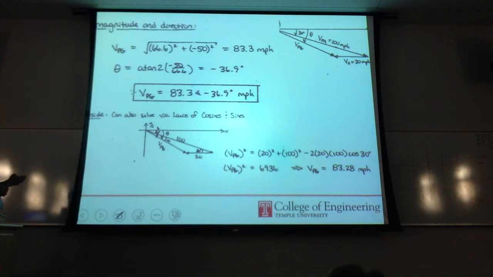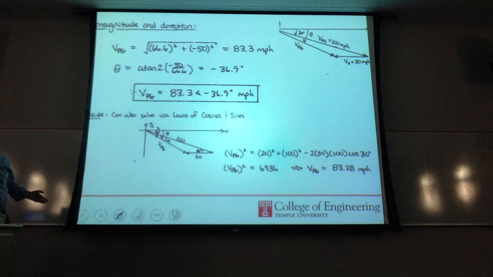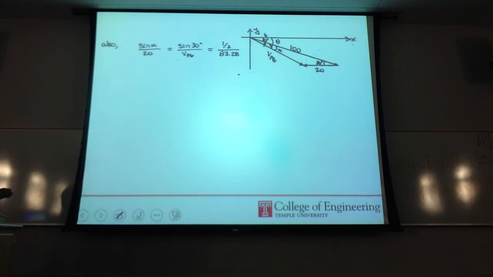In this case, of course, we had to find alpha. To find alpha, what do we use? Use the sines. Sine of alpha and the side in front of it, sine of 30 and the side in front of it, and that's where you find sine of alpha, which gives alpha as 6.896.